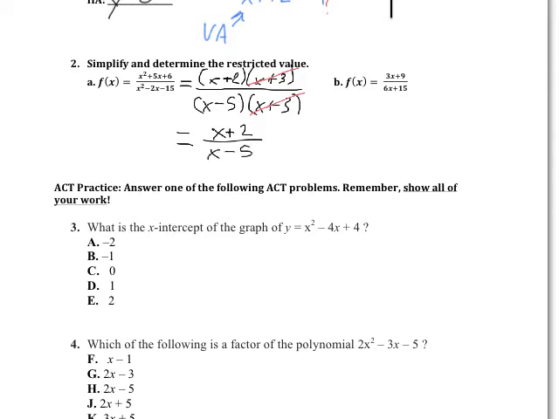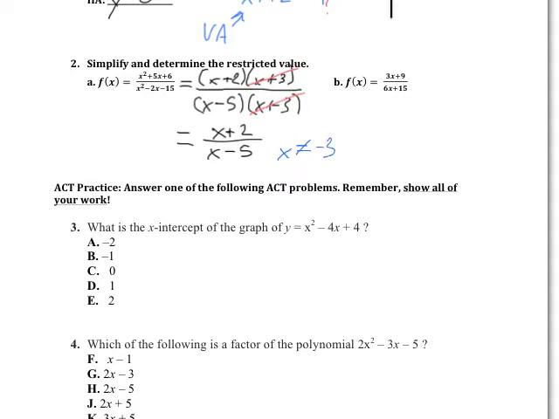Now we've talked about how as soon as you find yourself doing this business right there of crossing those off, that actually leaves you with what we call a hole or a restricted value. So I can basically add on to there that while the simplifying thing is true, there is an issue with the number negative 3.